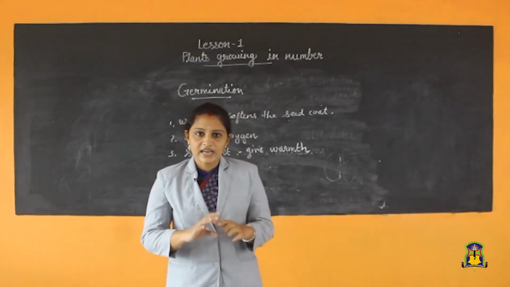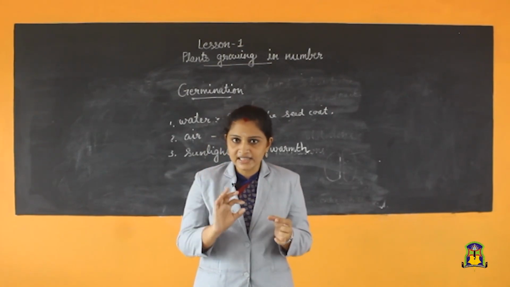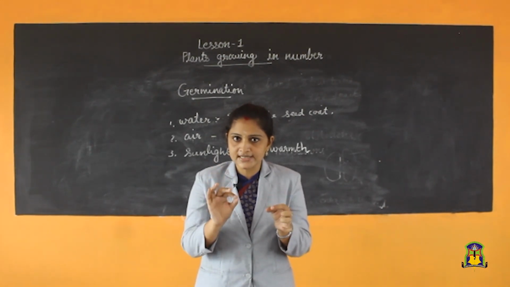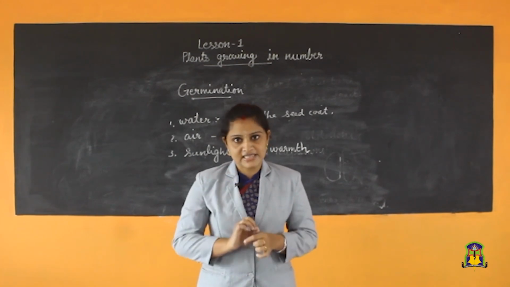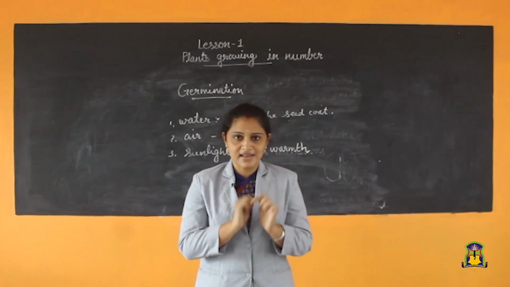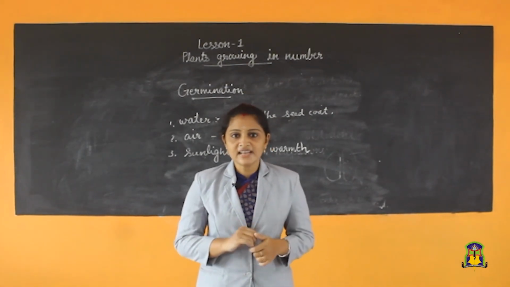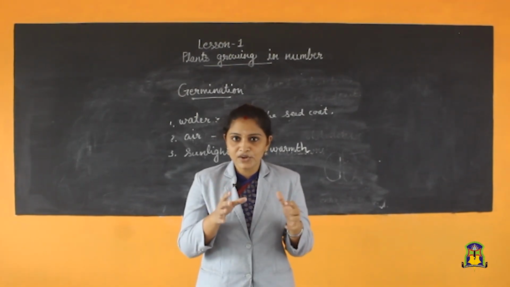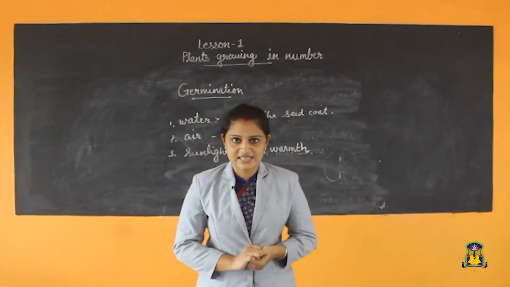First, the seed coat is very hard, and inside the seed coat cotyledons are there, and inside the cotyledons what can we see? The embryo or baby plant. This embryo or baby plant is sleeping inside the seed. Then this embryo gets what? Temperature or warmth from the sunlight.